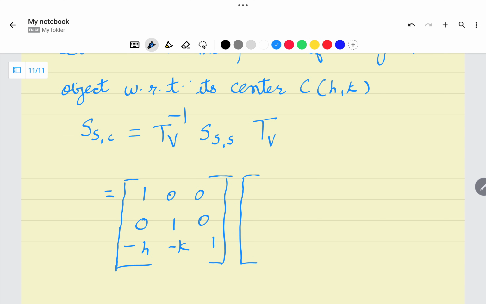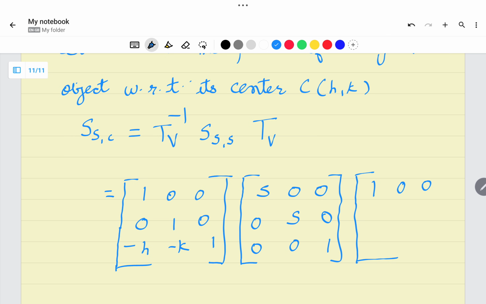Now, s 0 0, 0 s 0, 0 0 1, and again translating the center to its original location. So 1 0 0, 0 1 0, h k 1.